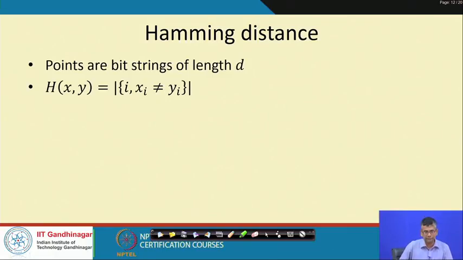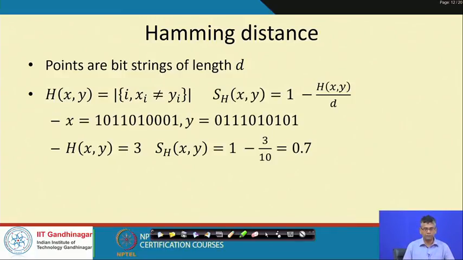Let us take a simple one. Suppose my points are bit strings of length d. One natural notion of similarity or distance here is known as the Hamming distance. The Hamming distance is, if you are given two strings of length d, the number of positions in which they differ.